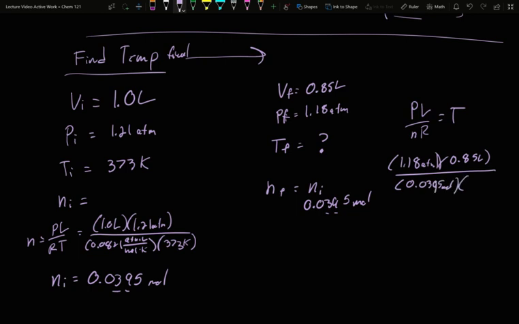And my R value is still the same, 0.0821 atmosphere liters per mole Kelvin. All that should equal my temp final. I find that my temp final is 309.2 Kelvin. Now at first you're like, hey, wait a minute.